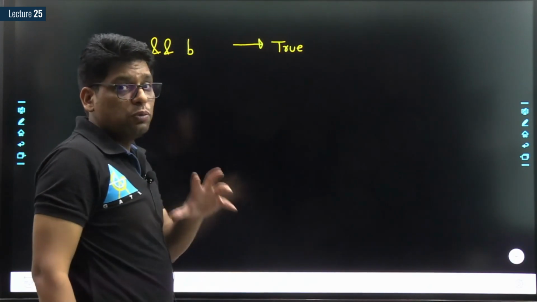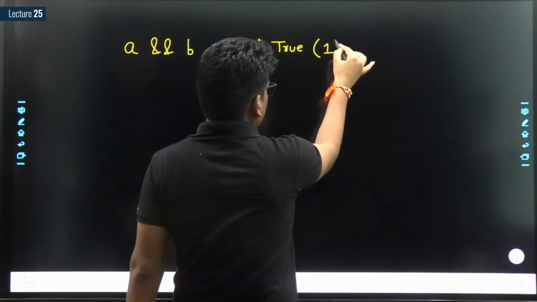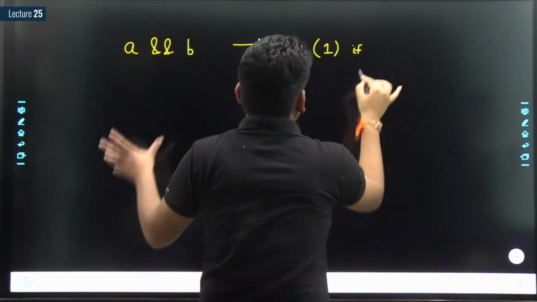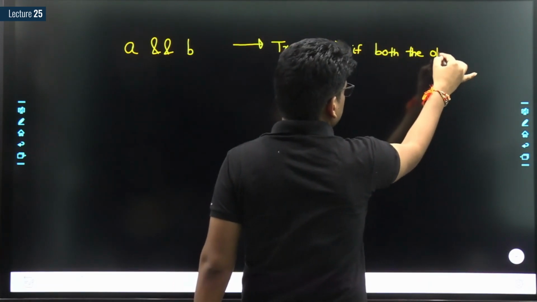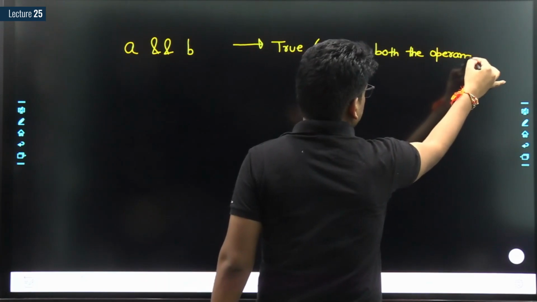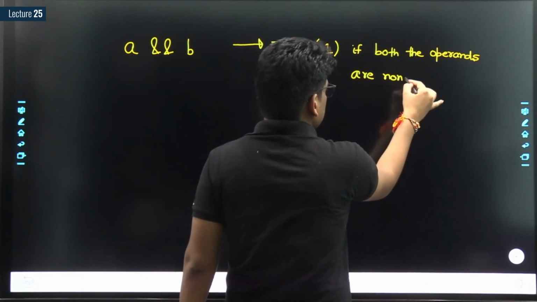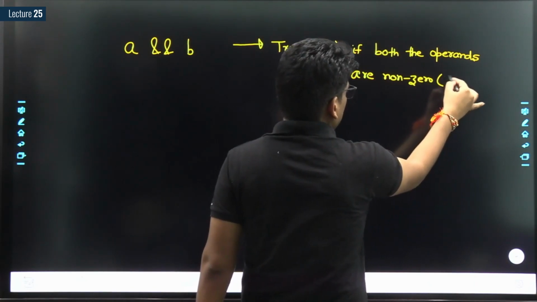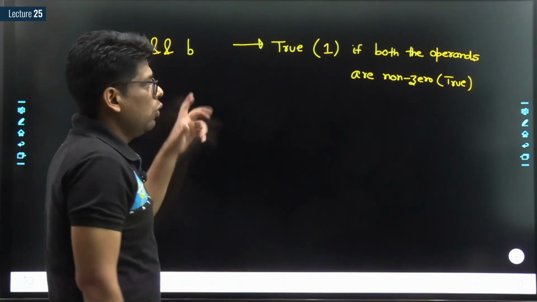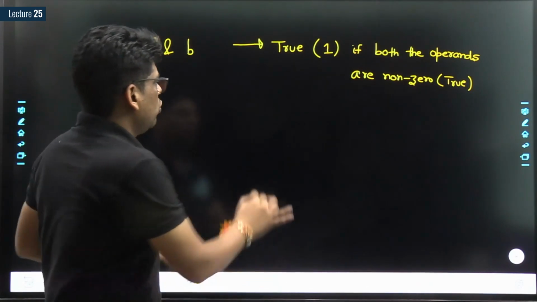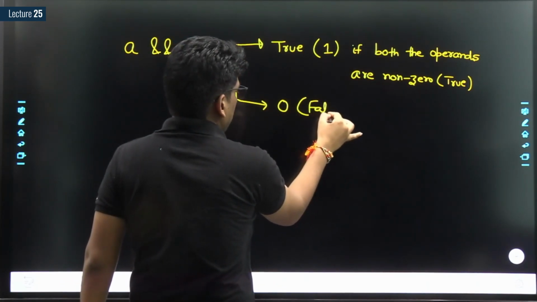If I talk about output or value, then it is 1 if both the operands are non-zero. What do you mean by non-zero? Non-zero is nothing but true. So the result will be true only if both the operands are true, and otherwise the result is 0 or false.